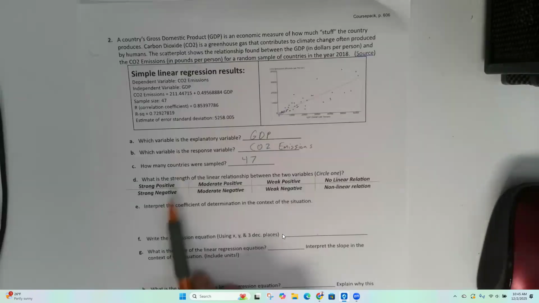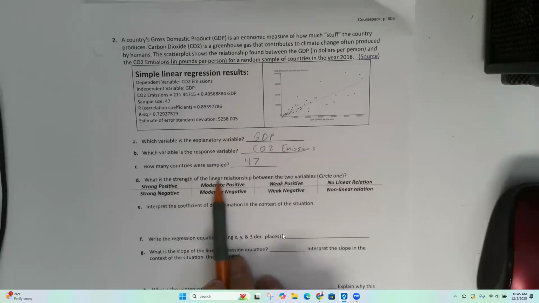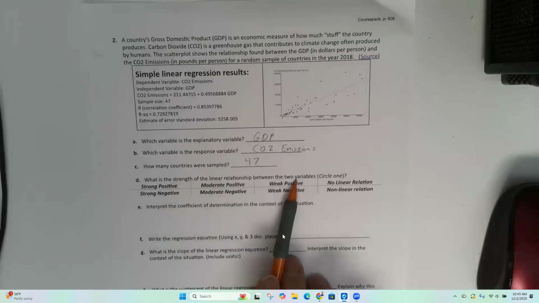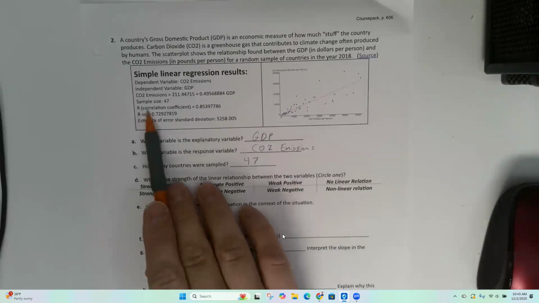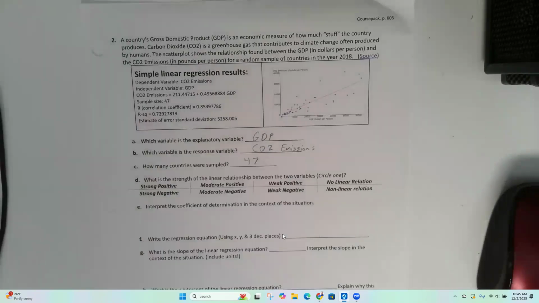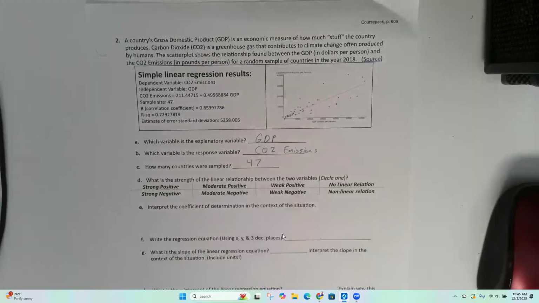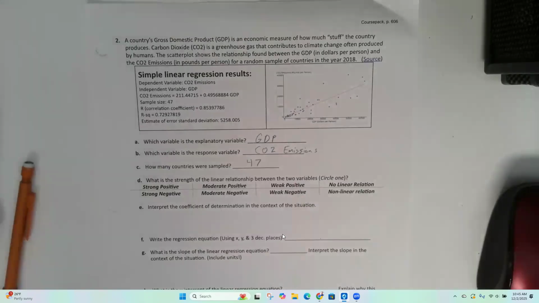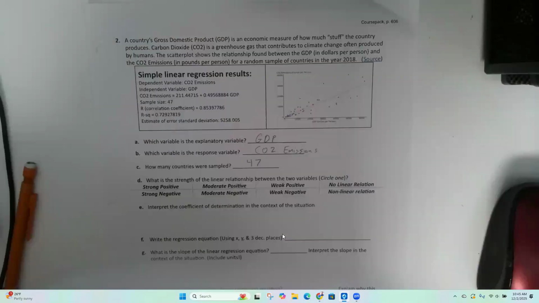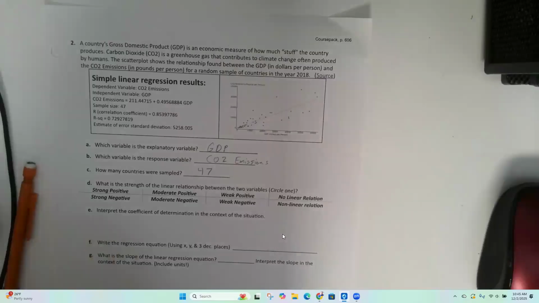What is the strength of the linear relationship between the two variables? That's going to be based off of the R value, the correlation coefficient. So strong positive, moderate positive, weak negative, which one is it? On test day, if today was test day, I don't want to have to be flipping through my exam notes trying to find this.